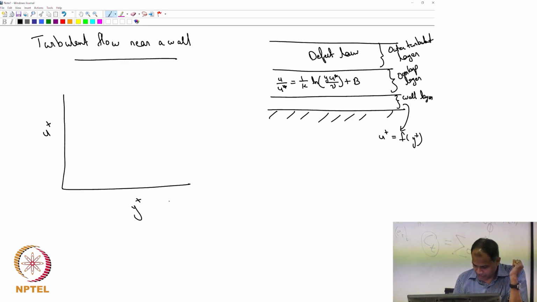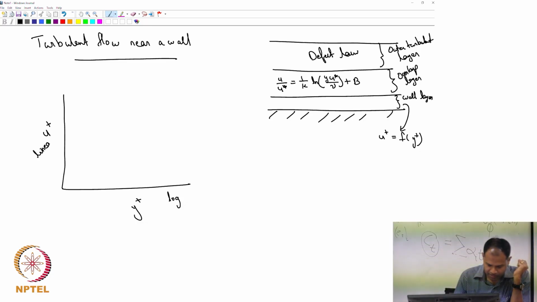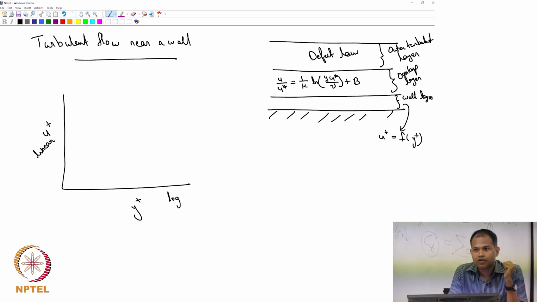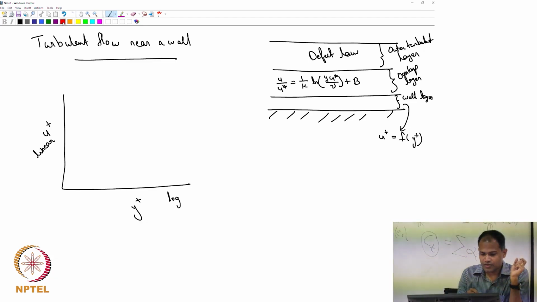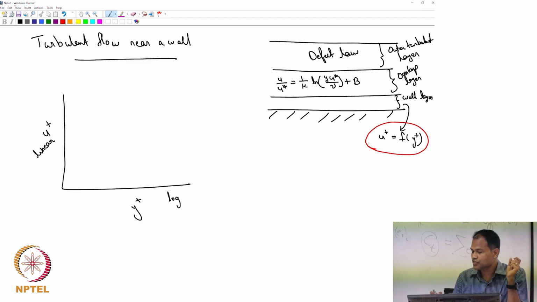I'll keep my x-axis as log and y-axis as linear. First is the velocity profile in the wall layer, where u plus is a function of y plus. We do not know what f is at the moment, but experimentally u plus approximately equal to y plus is a good enough approximation. In other words, in the wall layer, the velocity profile is simply u plus equals y plus.